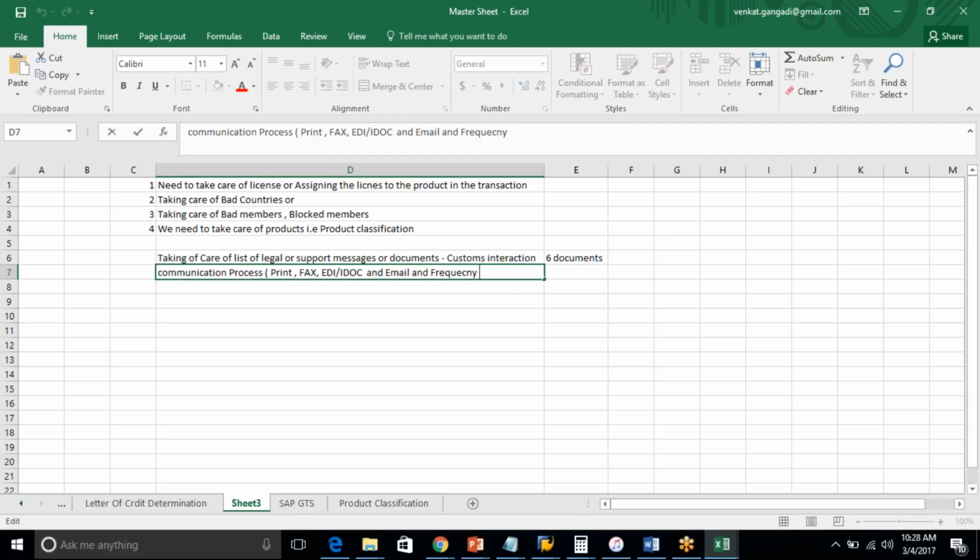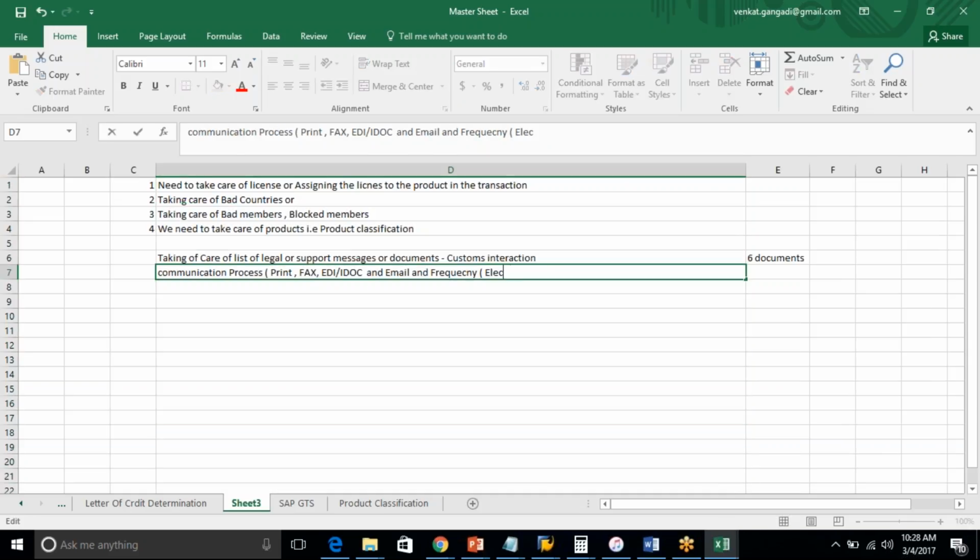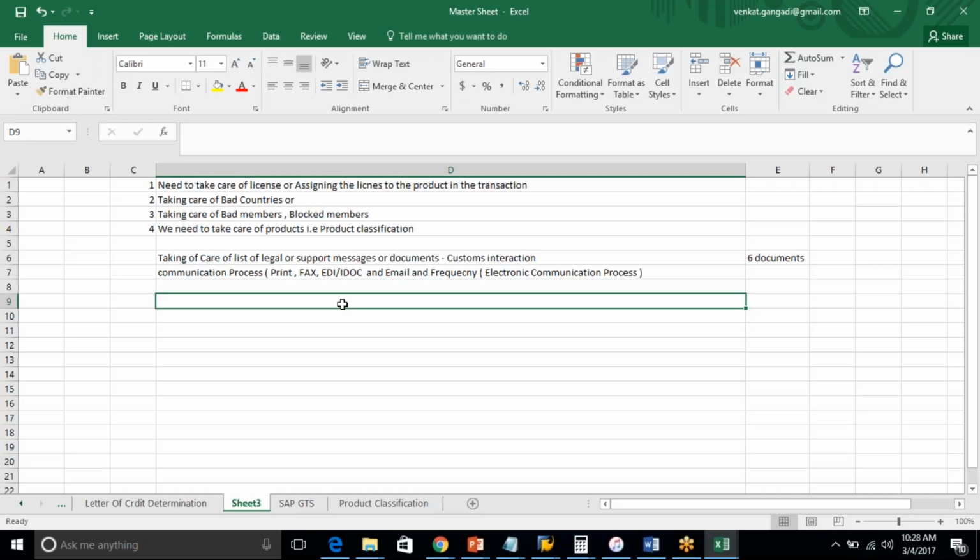So we need to also think about it: if your customs authorities made it mandatory to communicate electronically, you also need to think about the electronic communication process, right?